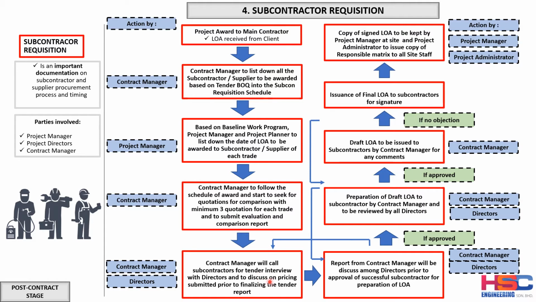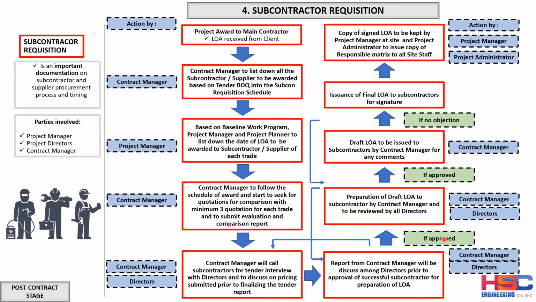Once the tender interview with the subcontractor is done, the contract manager and the project director will make a report and discuss among the directors for approval of the successful contractor. Whoever they have pre-selected as subcontractor needs to be approved. So the report needs to be submitted to the board of directors.